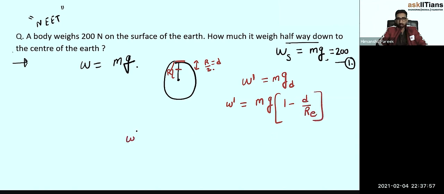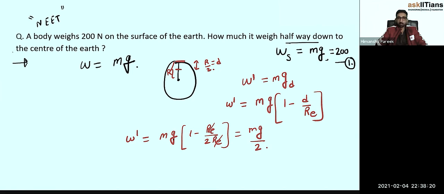Now here, what is the value of d? d is nothing but Re by 2. So 1 minus Re by 2 multiplied by Re. Re will get cancelled out, and this will become mg multiplied by 1 minus 1 by 2, which is nothing but half. mg by 2. What is mg here?